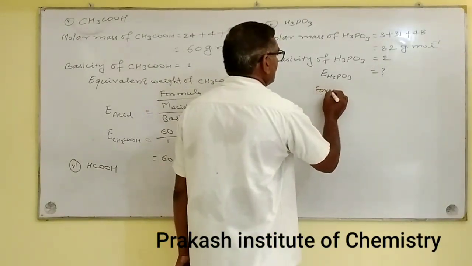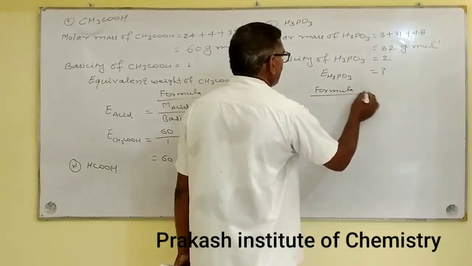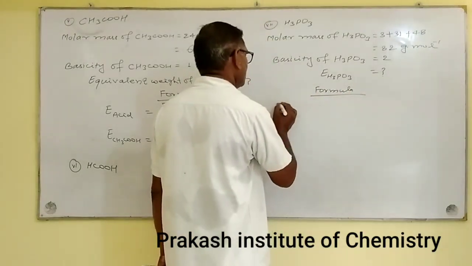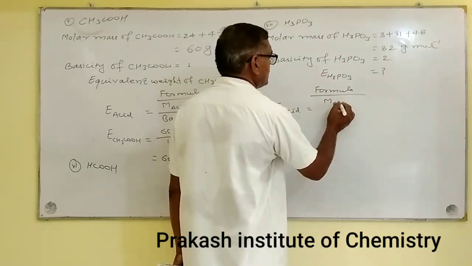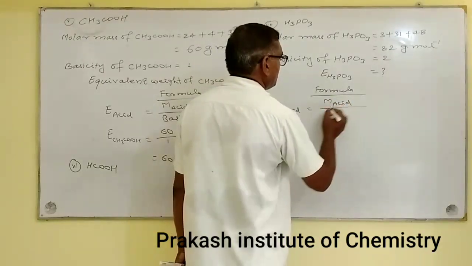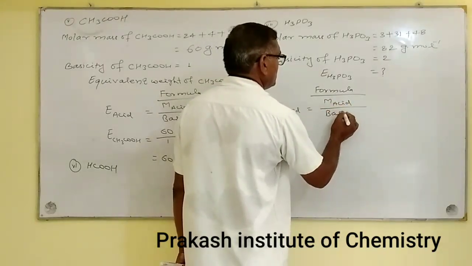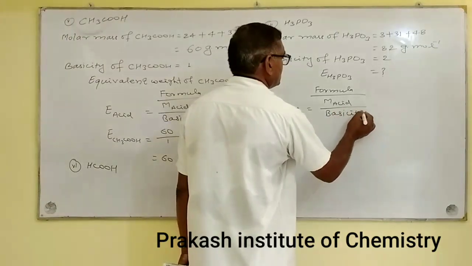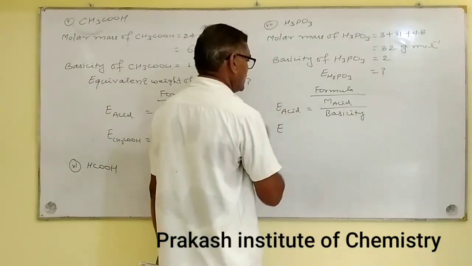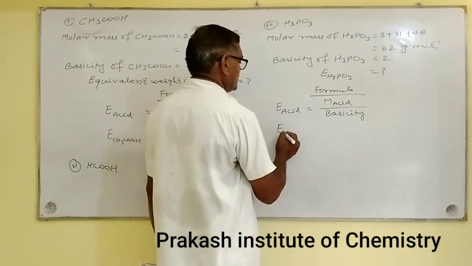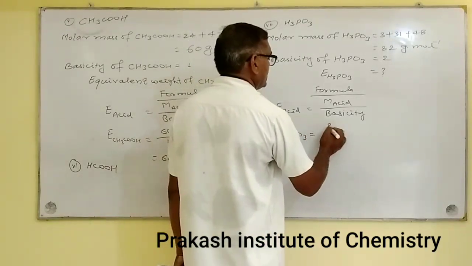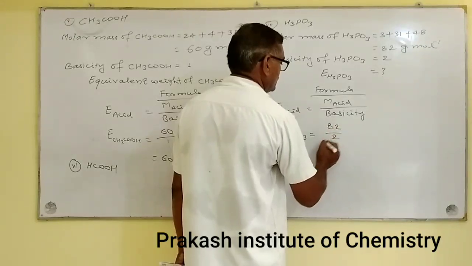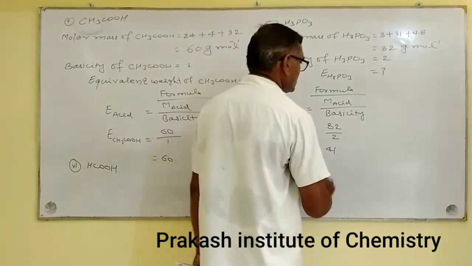We write formula: E acid is equal to M acid upon basicity. Here we write H3PO3, 82 and 2, we get 41.